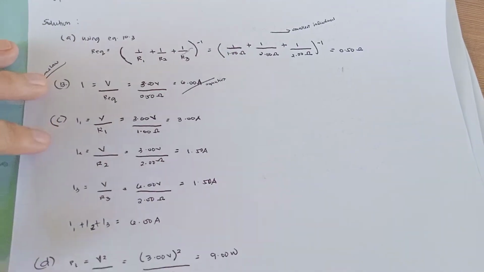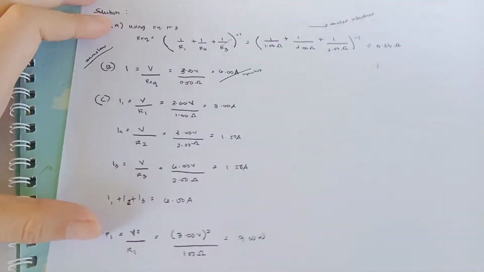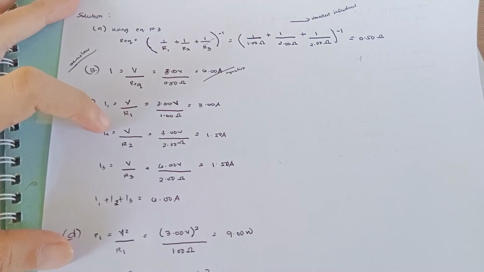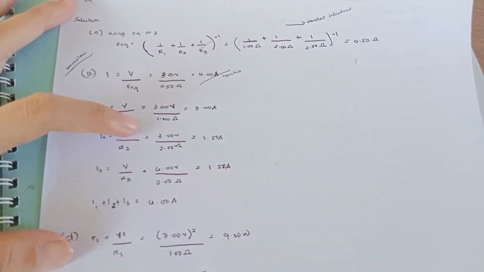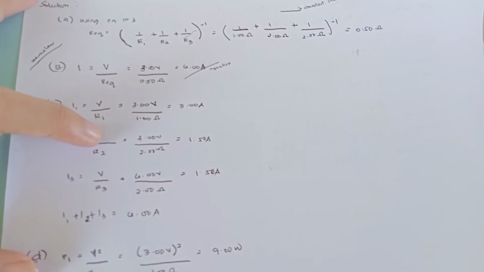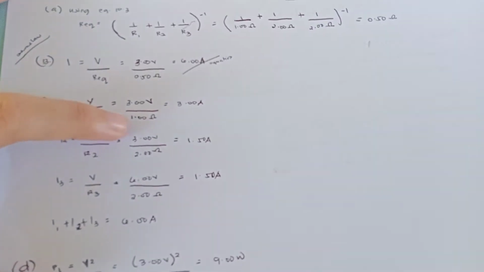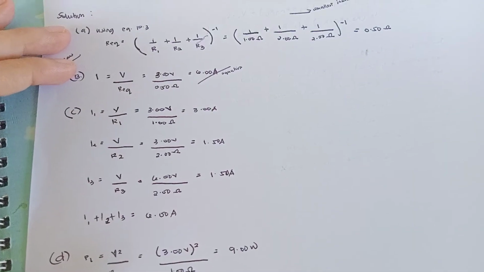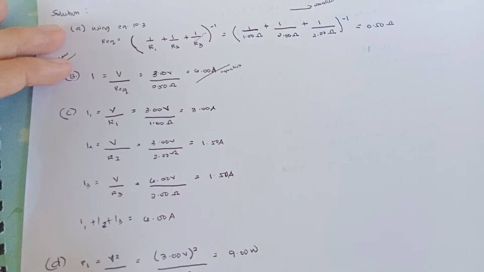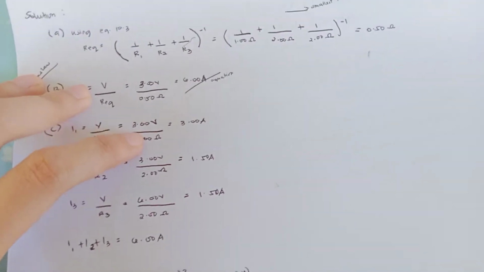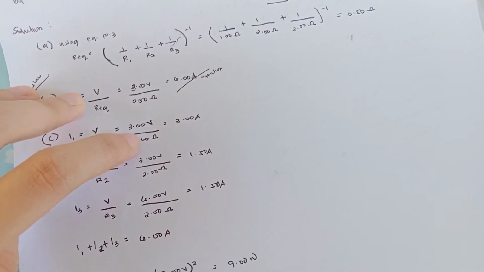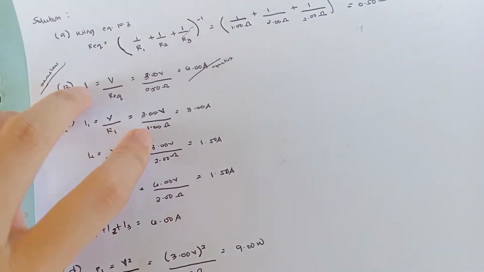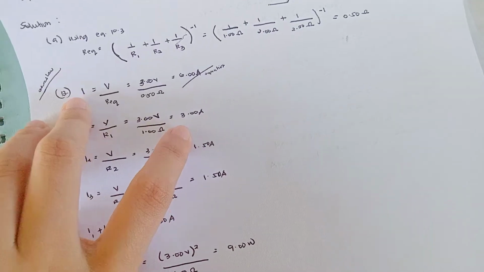For I1, which equals V over R1, which equals 3.00 V over R1, our resistor 1. So we arrive at the answer of 3.00 A.